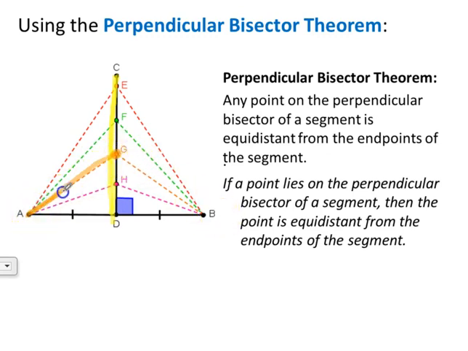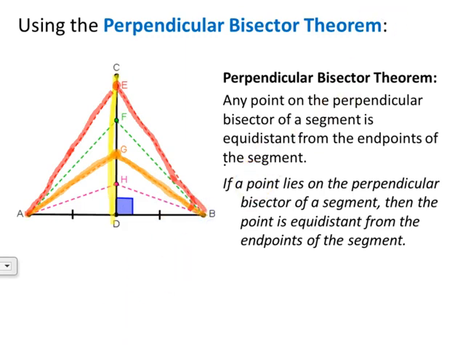So the distance from A to G is going to be the same distance from G to B. And remember, it can be any point that's on the perpendicular bisector. So if we go up to point E here, we know that point E has to be the same distance to A as it is to B. So the distance from A to E is going to be the same distance from E to B. That's all that theorem is saying.